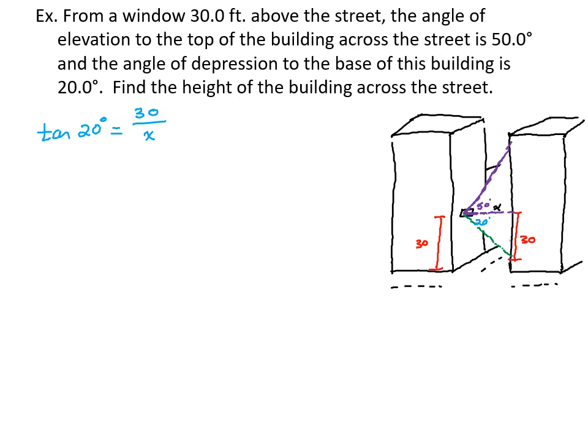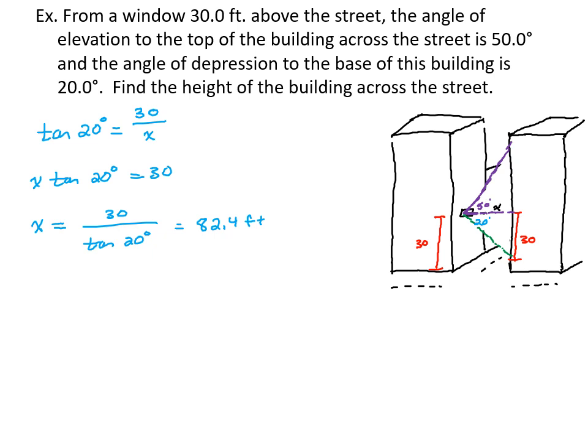If you move the x over, you'll get x times tangent 20 equals 30, or x equals 30 divided by the tangent of 20 degrees. We go to our calculator for that: 30 divided by tangent of 20. You'll get that the buildings are about 82.4 feet across. Somewhere in that area.